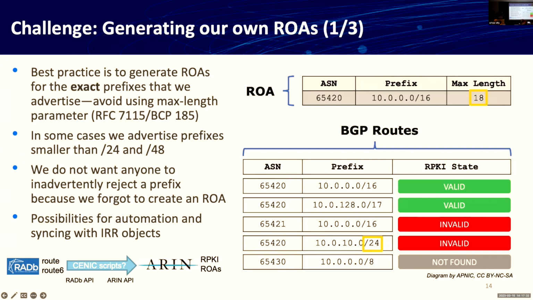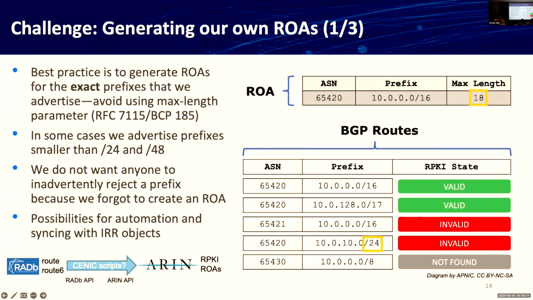Another problem is that over the internet at large, we don't pass anything longer than a /24 for IPv4 or a /48 for IPv6, but within the CENIC infrastructure and with some of our associates and peers, we actually do advertise prefixes like /32s and /29s. So we need to be very careful to generate the right ROAs, so as not to inadvertently make those prefixes invalid.